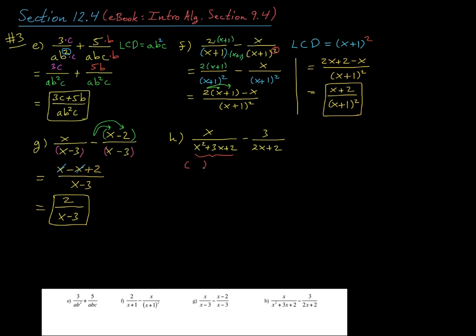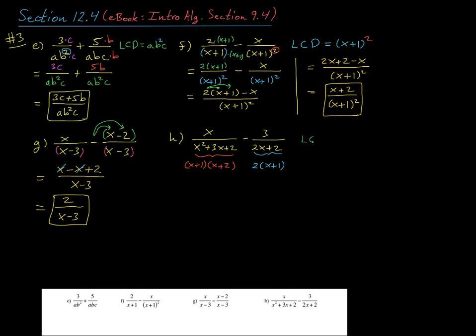So I'm going to go ahead and factor this denominator as the product of two binomials. I'm going to need an x plus 1 and an x plus 2. And then for this second denominator, there's a common factor of 2 there, so I'm going to factor it out, and that's going to leave us with an x plus 1.